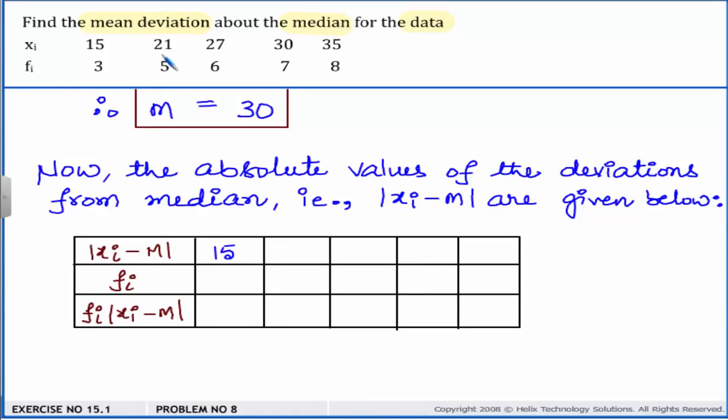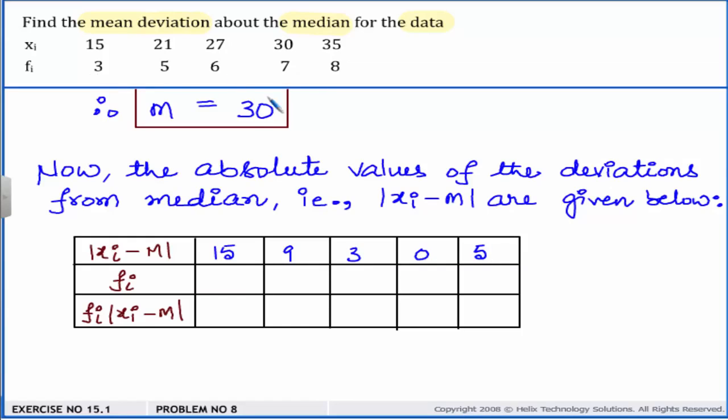Next one we have 21. Now modulus of 21 minus 30, which is equal to modulus of minus 9, is equal to 9. Next we have 27 minus 30, which is modulus of minus 3, equal to 3. After that we have 30. 30 minus 30 is 0 and 35 minus 30 is 5.